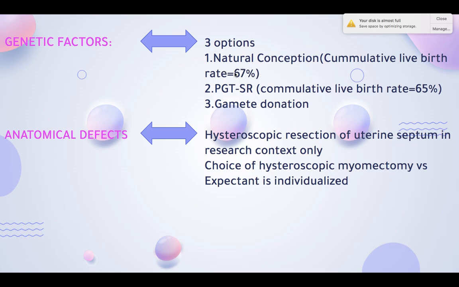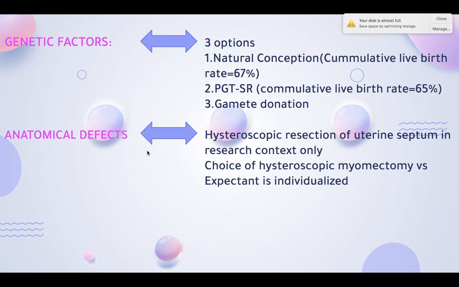Can you see that these are very close figures, 67 and 65? So there is no such difference. With natural conception, they have a very good and very high live birth rate. So why go for IVF treatment and fertility centers? Gamete donation is another option, but we have to give all these options to the patient, and then they can make a well-informed decision and a choice, right? But the natural conception rate is very high in these patients.